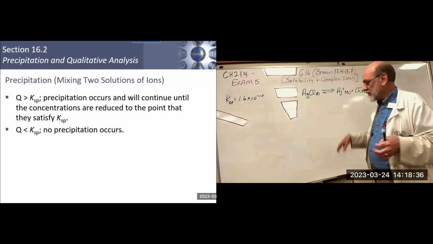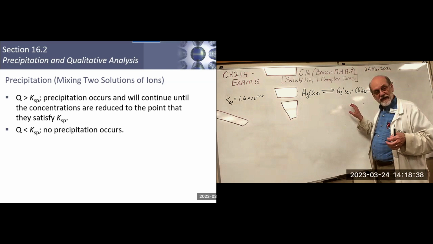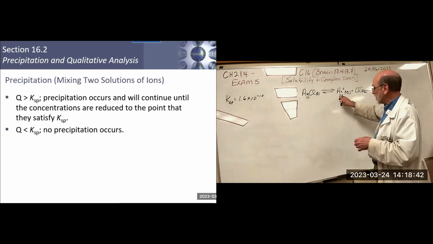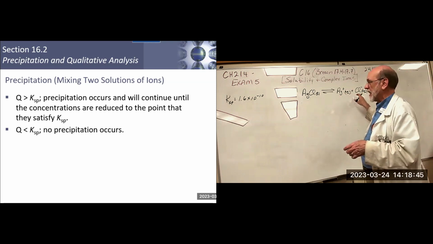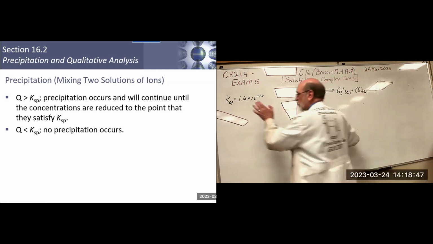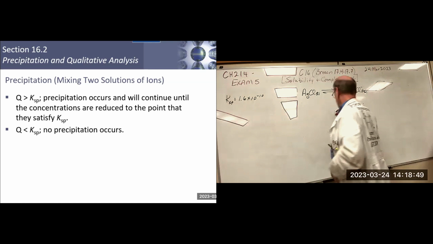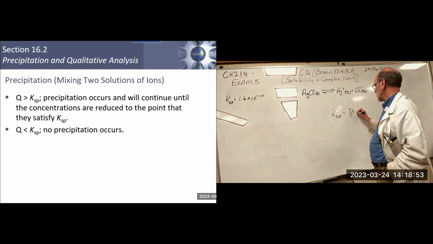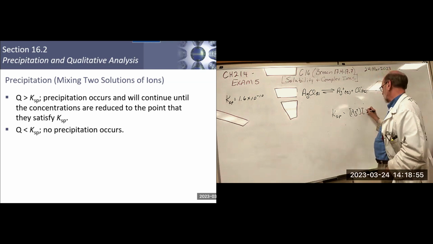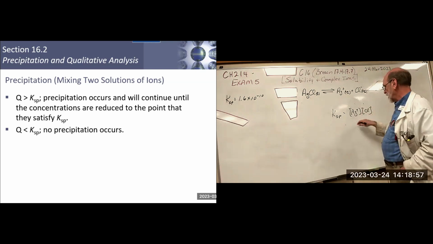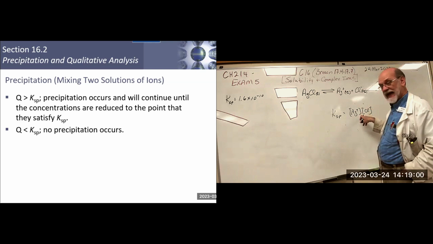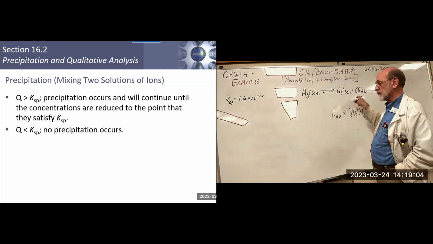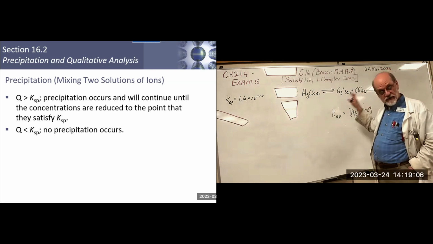If the Q is greater than the KSP, right? If we have a value here and a value here, and we calculate the Q and it's greater than that value, right? Because KSP is equal to this expression. If we calculate Q and the Q is bigger than that, that means we've got too much of these, too much of those, and we're going to get a precipitation.